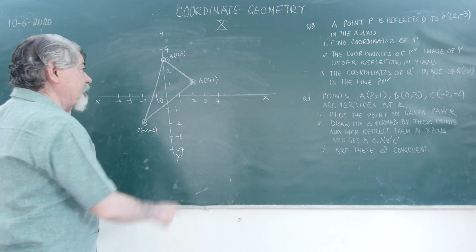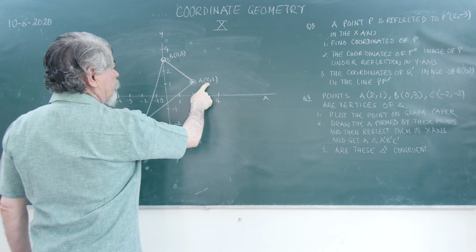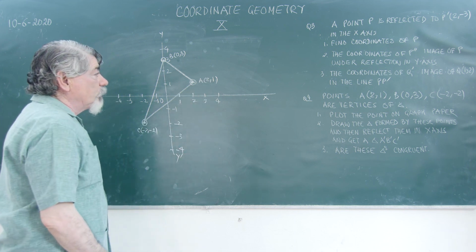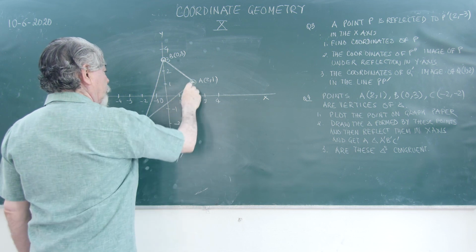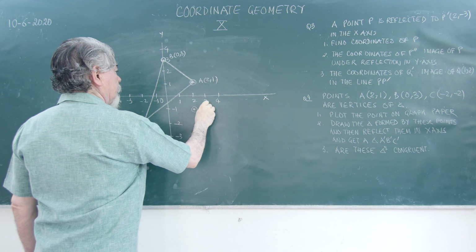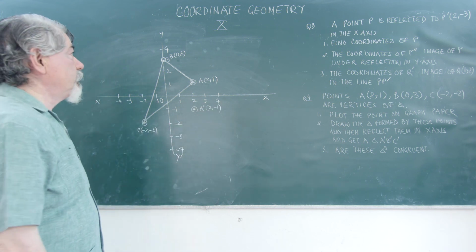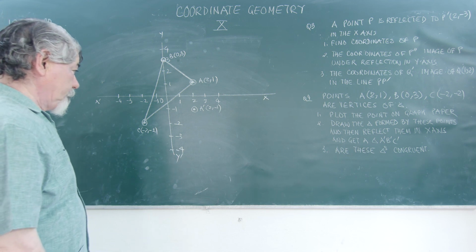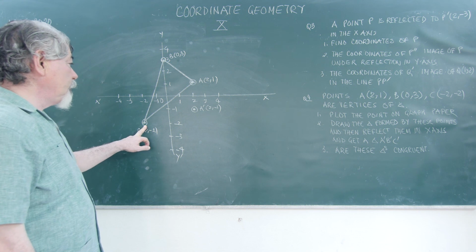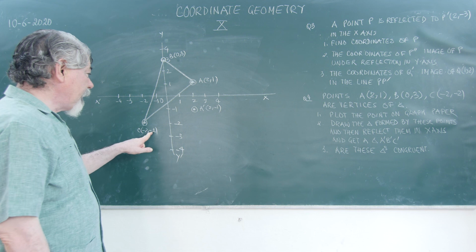When A is reflected in the x-axis, you will get (2, -1). This will be A dash. When you reflect in the x-axis, the sign of the y-coordinate will change. Now, when you are reflecting C in the x-axis, the y-coordinate will change.